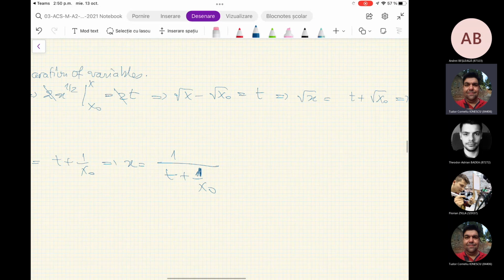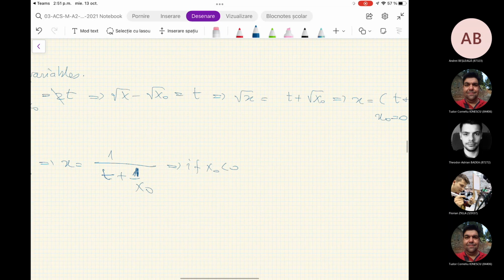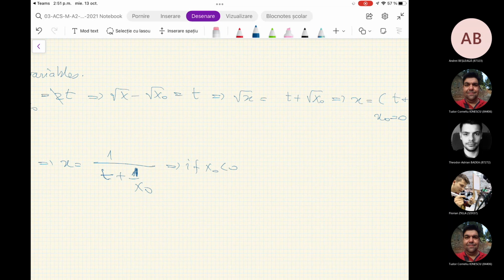Okay, so for instance, if x naught is negative, then what can we notice? We notice that the limit when t goes to 1 over x naught, of x of t goes to what?